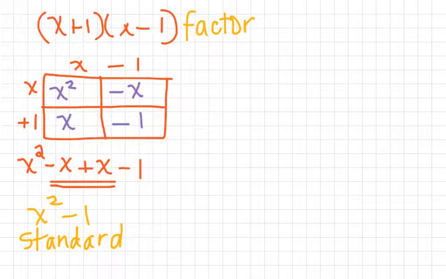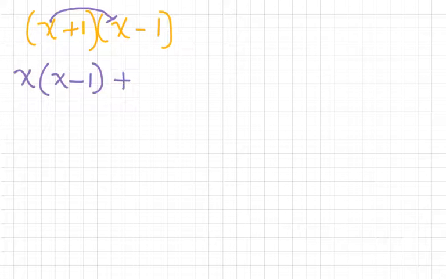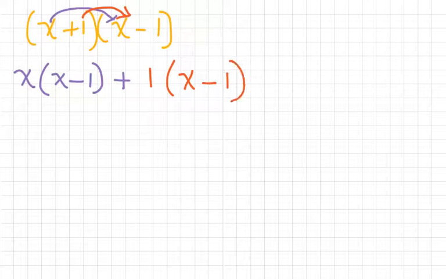I'm now going to show you how to use the distributive property to do the exact same problem. I'm going to go x plus 1 times x minus 1. And in this case, I'm going to use the rainbow method. So that means I'm going to go x times x minus 1 plus, now I'm going to go 1 times x minus 1.